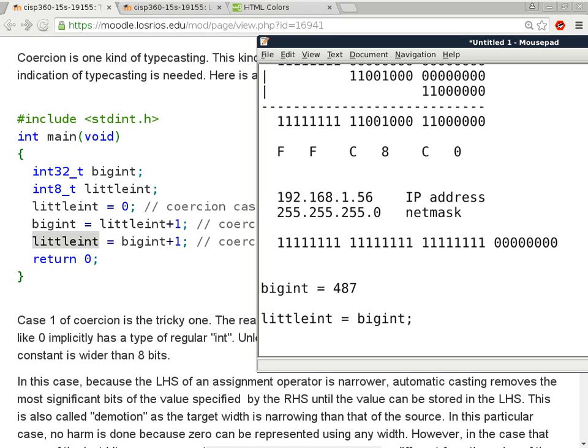Well, first thing first, little int is an 8-bit number. What are the possible values that I can store as an 8-bit signed integer? Remember the number wheel thing, or the range of values that we can store? I'm going to rewrite that equation here. You don't have to write it down, it's in my notes already. The most negative value is negative 2 to the power of w minus 1, where w is the number of bits of the integer.